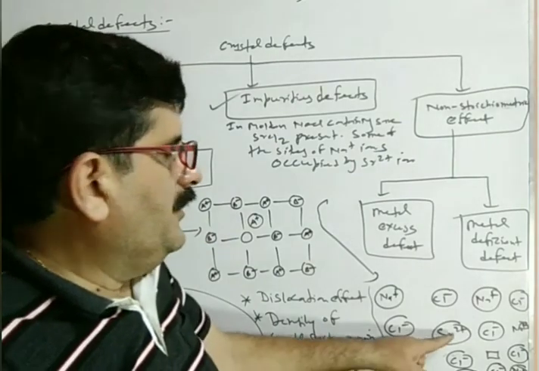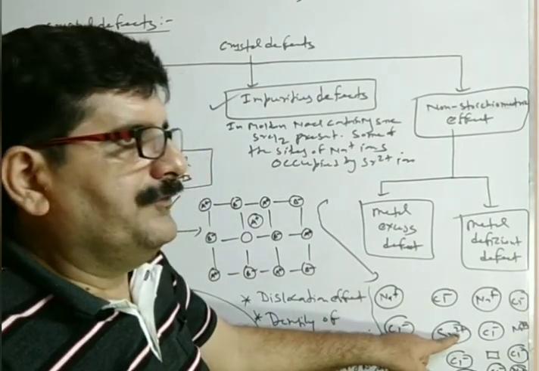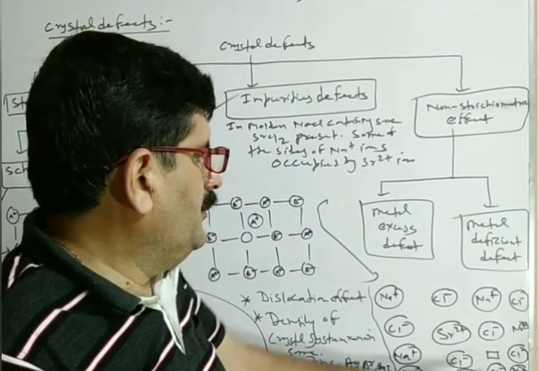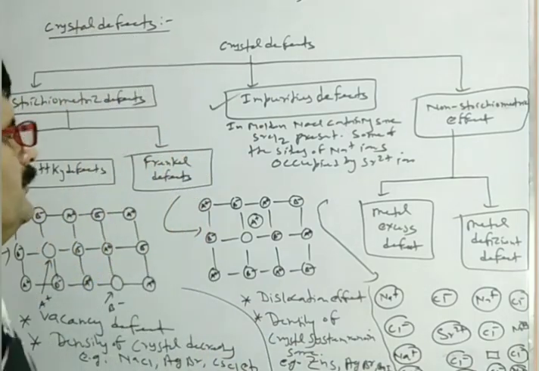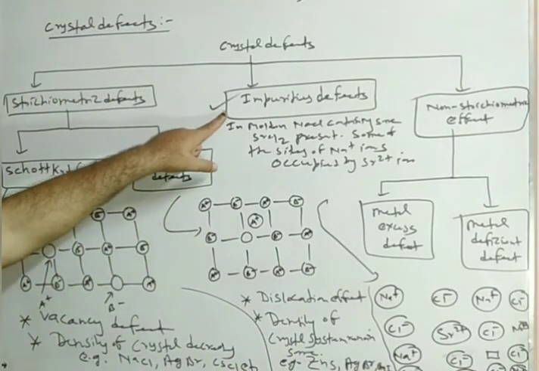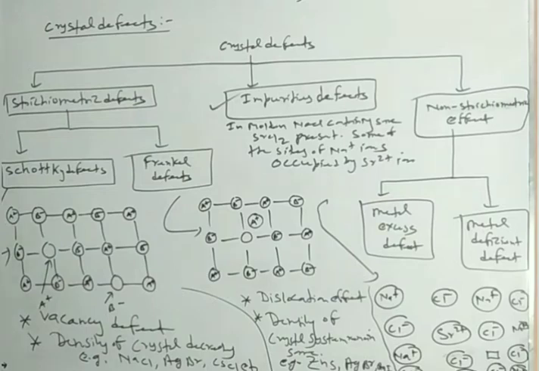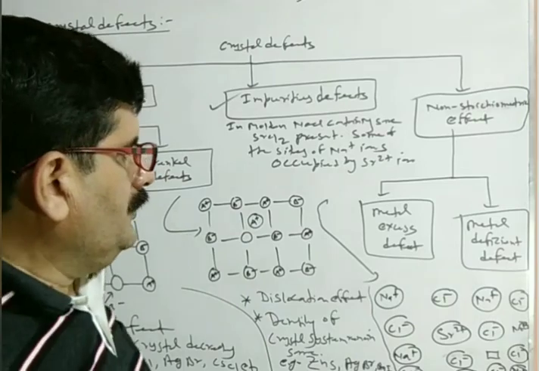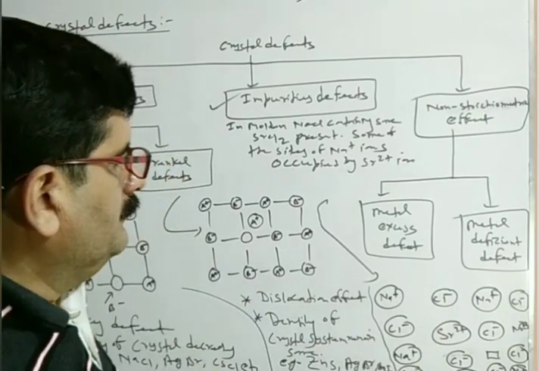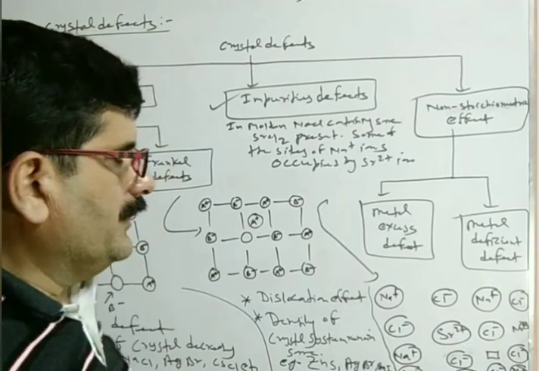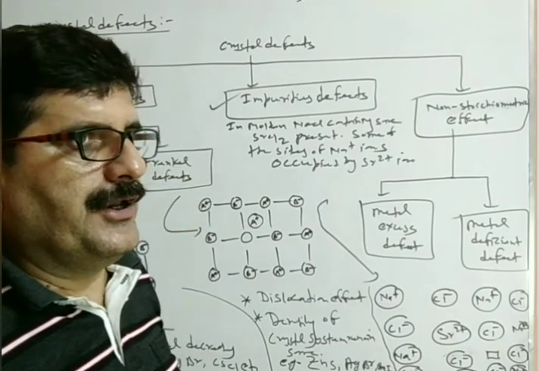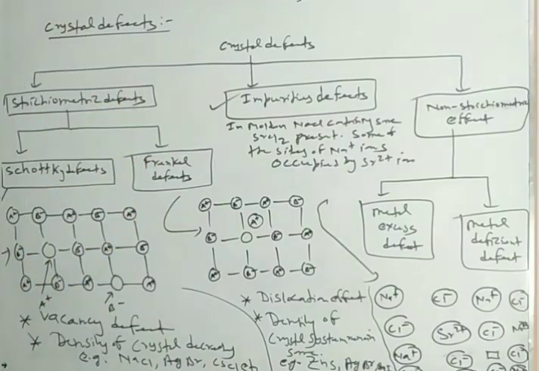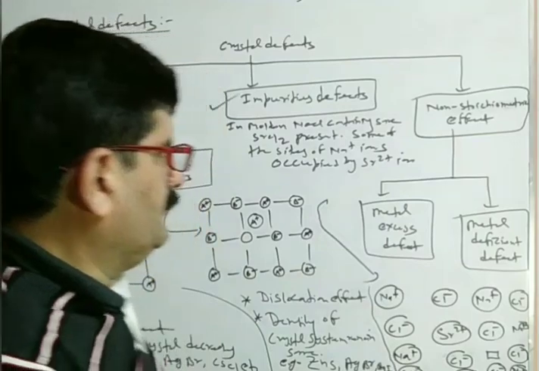Here Na plus is removed and Sr2 plus is present. This site is vacant. Na plus removed, then the defect created is known as impurity defect. One strontium, with two positive charge, counterbalances two negative Cl minus ions.